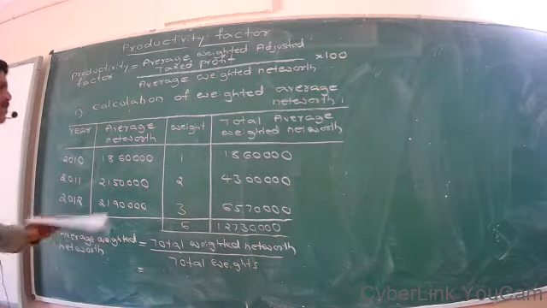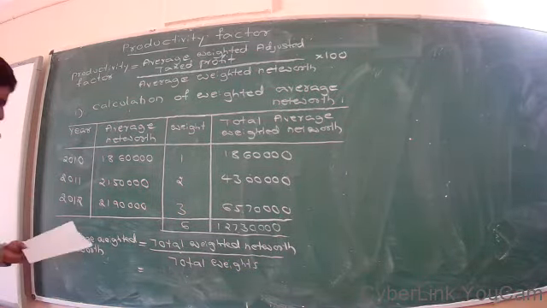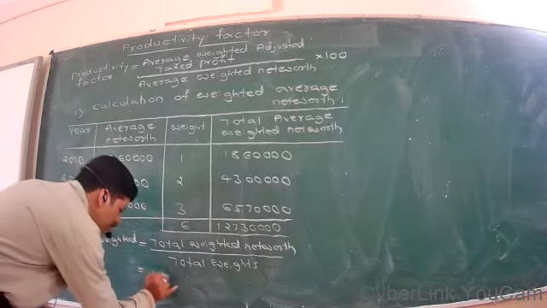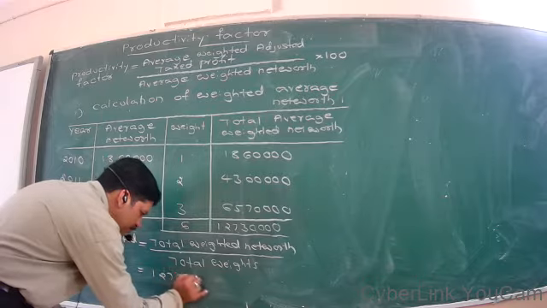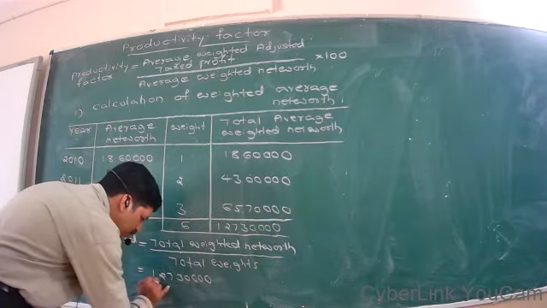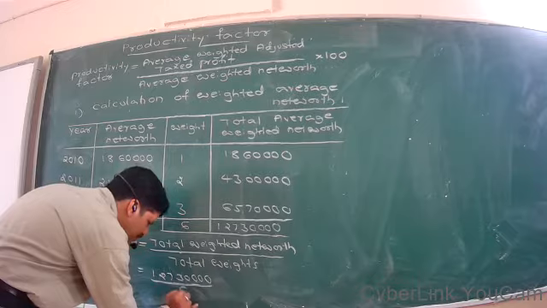So here total average weighted net worth is 1 crore 27 lakh 30,000, and total number of weights is 6.